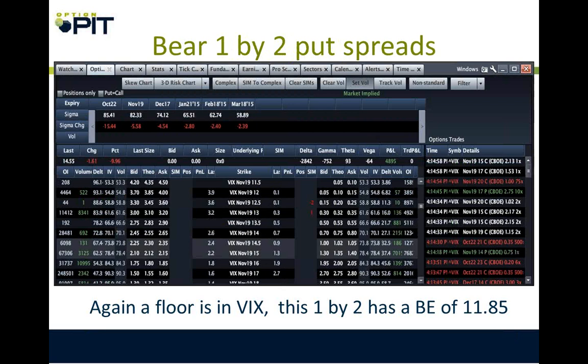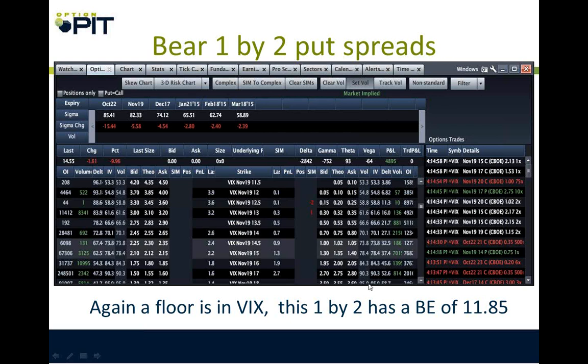Now, a trade I love doing, again, is bear 1x2 put spreads. Again, recall that VIX has that floor. So what if I bought the 13 put and sold 2 of the 12.5s? My net credit, if I did 30 cents and a quarter, or 35 and 20, or 30 and 20, however I want to do it, or 30 and 22.5, whatever.